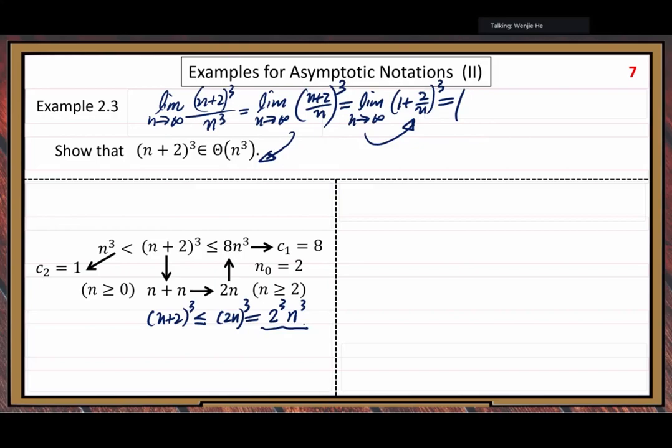Another comment: I assigned a similar question to students before. I remember I did this, n plus 2 raised to the 5th, and I asked students to show it belongs to big theta of n to the 5th. You can use a similar method, right?